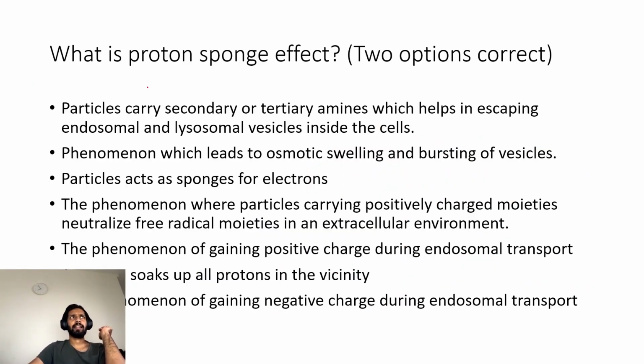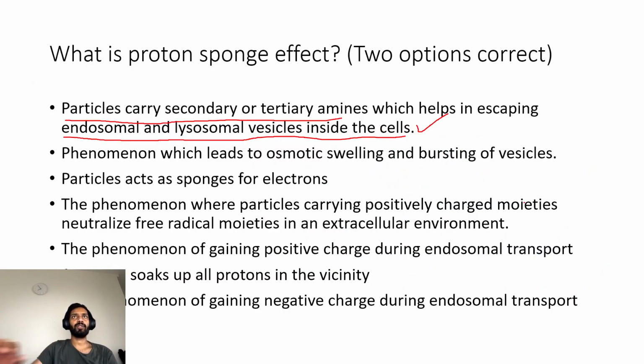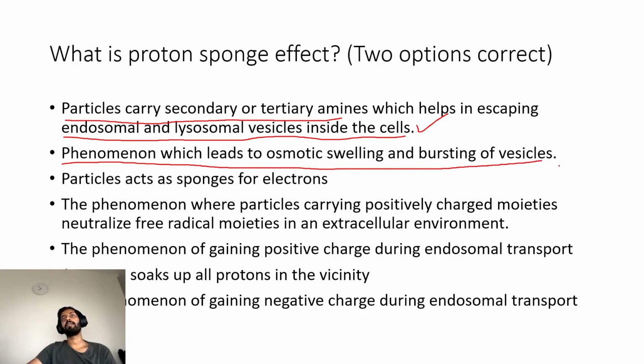Now, what they're asking is, is it particles carrying secondary and tertiary amines, which help in escaping endosomal and lysosomal vesicles inside the cells? So that's true, right? This effect gets initiated only when there are secondary and tertiary amines to buffer the pH of the endosome. This phenomenon also leads to osmotic swelling and bursting of the vesicles, which is also true.